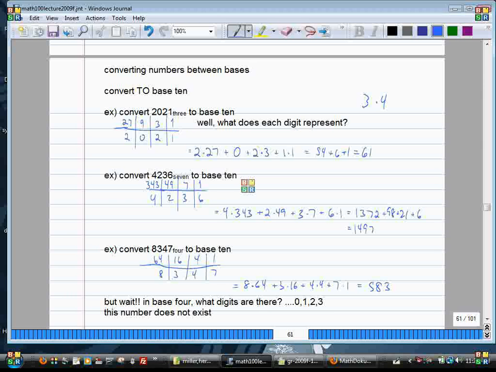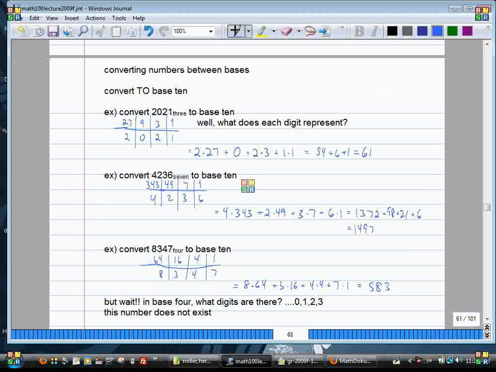Because you're asking us exactly the same thing as base 4. But here's the difference. Here I've written down the number 8347. So I've used 8, 3, 4, and 7 as digits in a number.